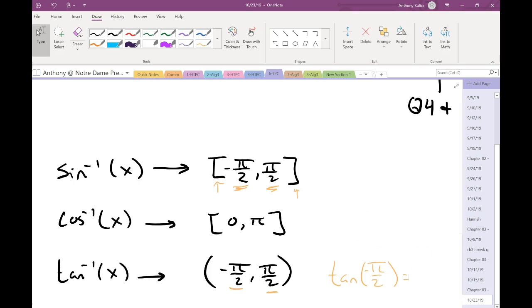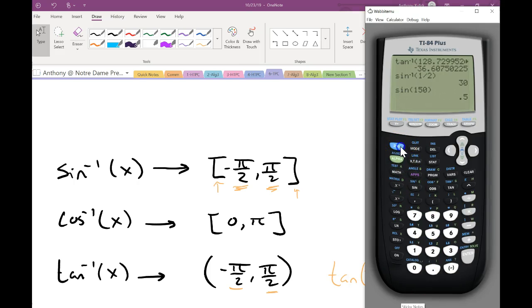Let's try that in our calculator. If I do tangent of negative pi over 2, I do get undefined. Oops, I'm in degree mode. Negative pi over 2 is negative 90, so I'll write it in degrees.